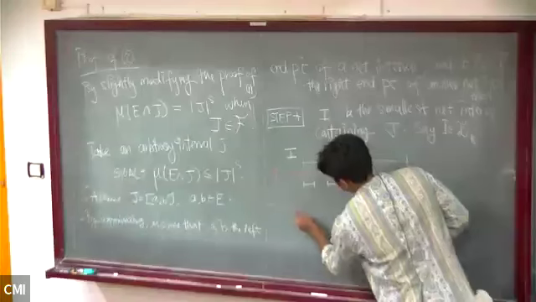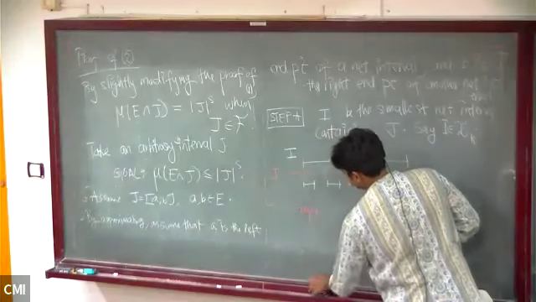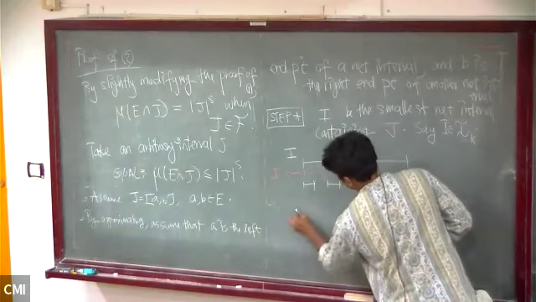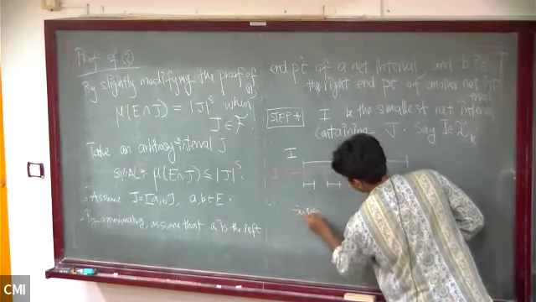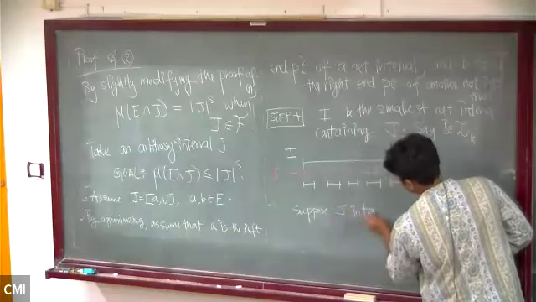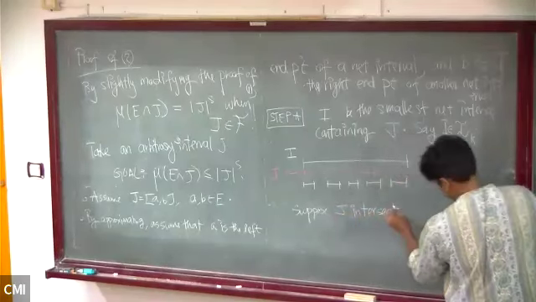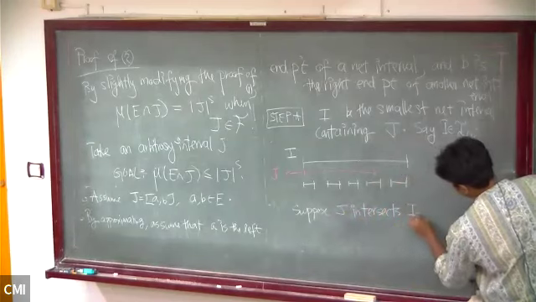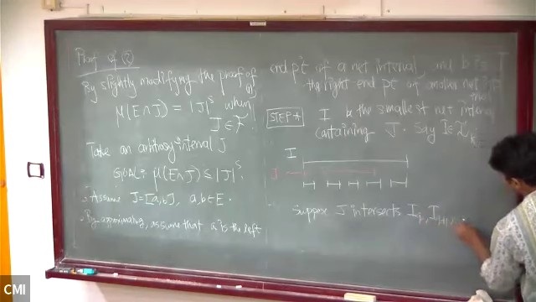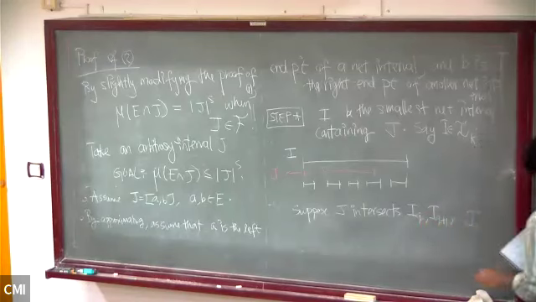So suppose J intersects IQ, IQ plus 1, all the way up to IR.